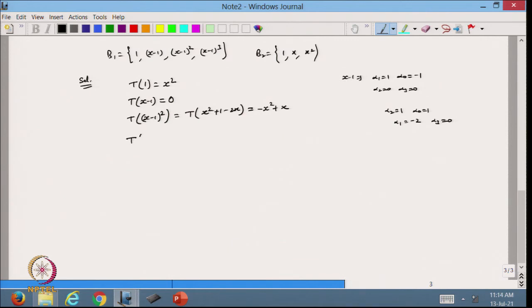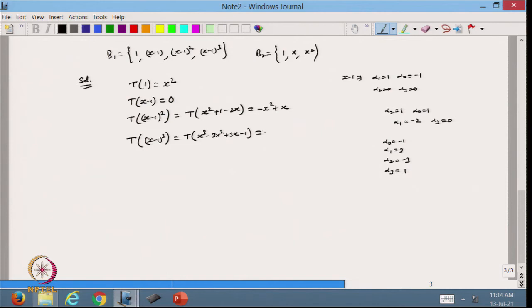Now, the same, T of x minus 1 cube. This will be equal to x cube minus 3x square plus 3x minus 1. Now, from here you can say that alpha 0 is minus 1, alpha 1 is 3, alpha 2 is minus 3 and alpha 3 is 1.